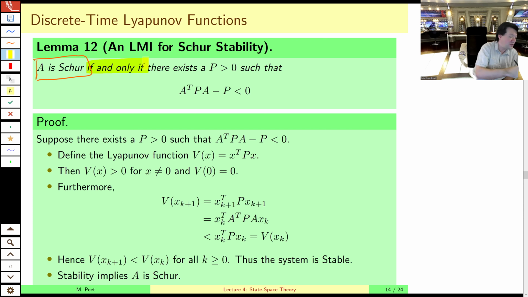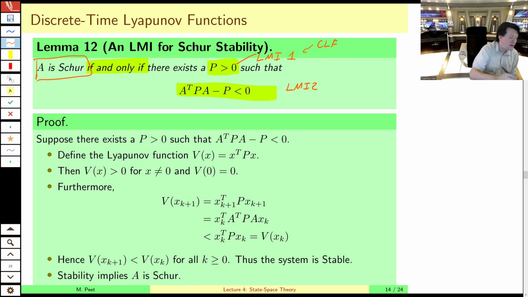A is Schur if and only if there exists a P greater than 0, right? That's LMI constraint 1, and that ensures that P defines a candidate Lyapunov function. And then we have the second LMI constraint here, which ensures that the candidate Lyapunov function is decreasing at every time step.